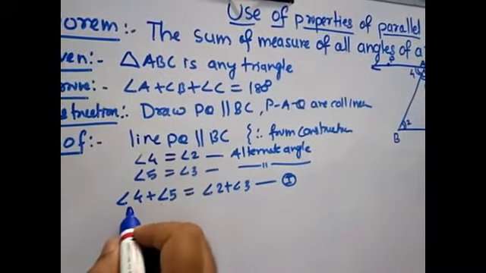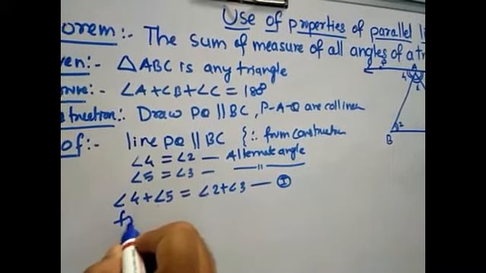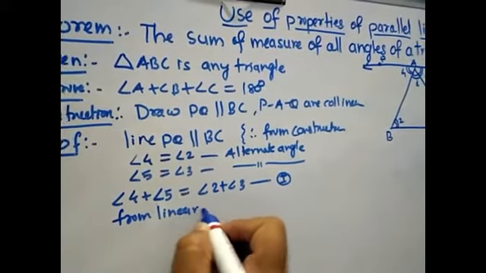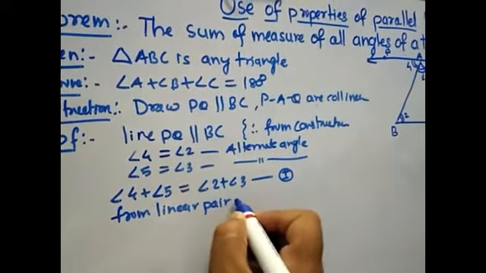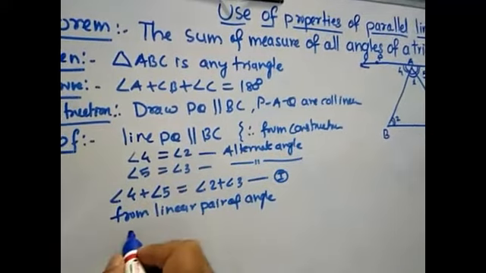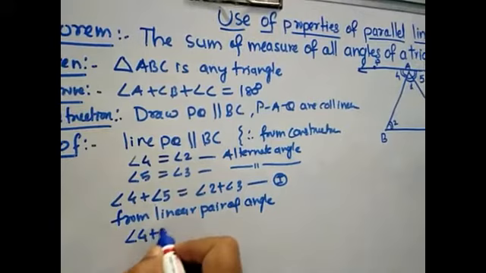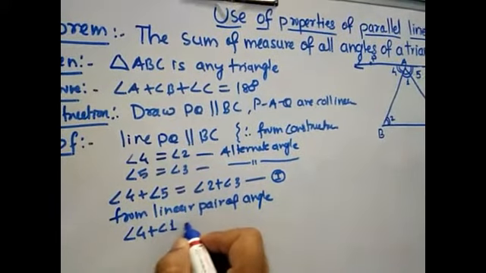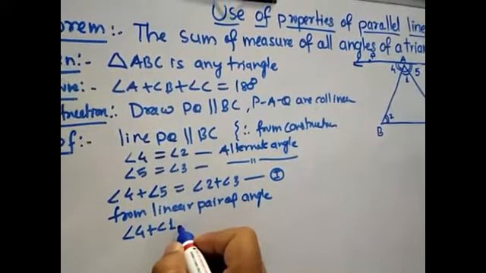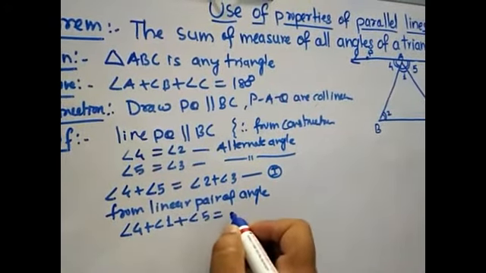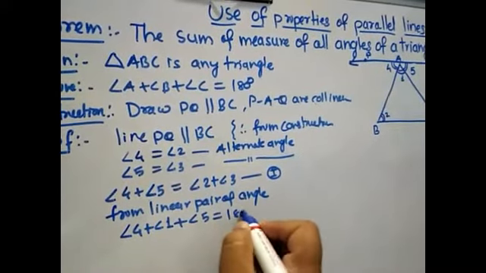From linear pair of angles, write down angle 4 plus angle 1 plus angle 5 is 180 degrees.